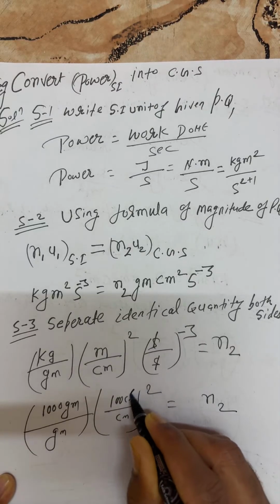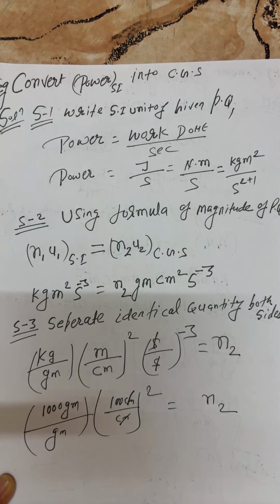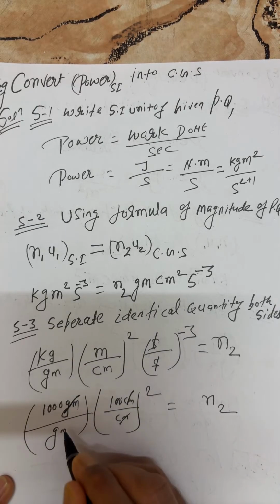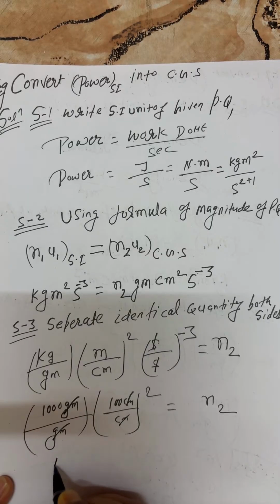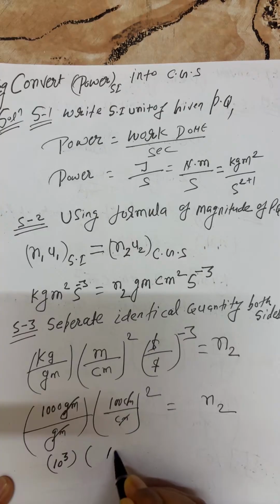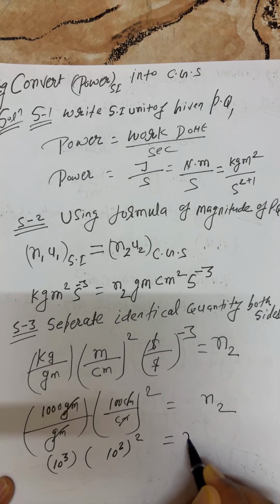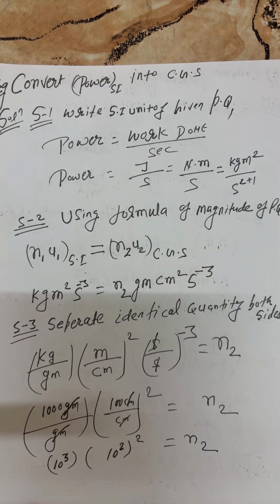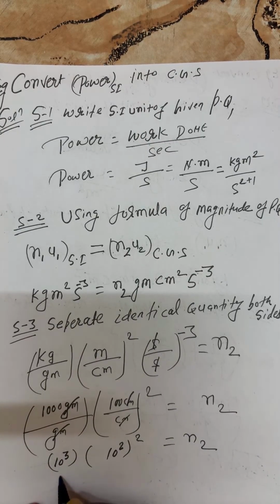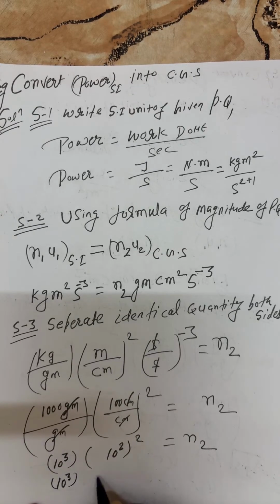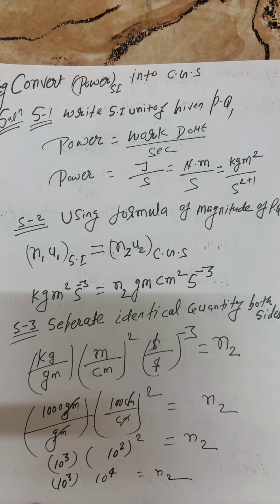You can see this cancels, and the gram cancels. So this is 10 to the power 3, and this is 10 to the power 2, to the power 2, which is equal to N2. So you get 10 to the power 3 and 10 to the 4, which is equal to N2.